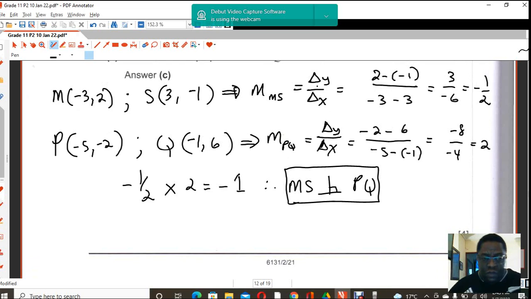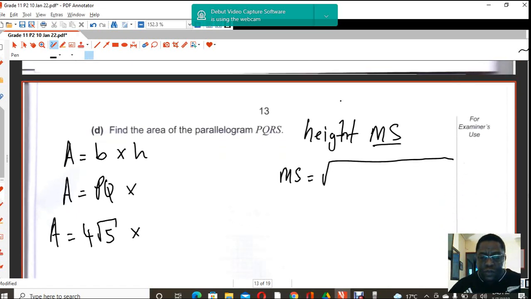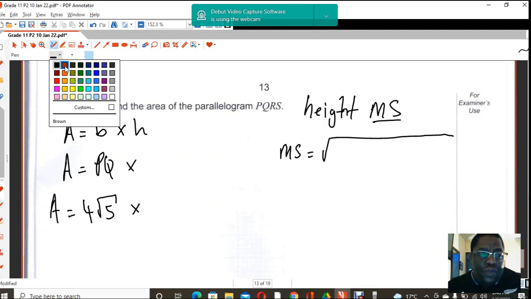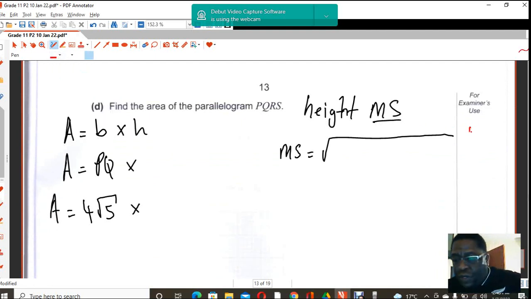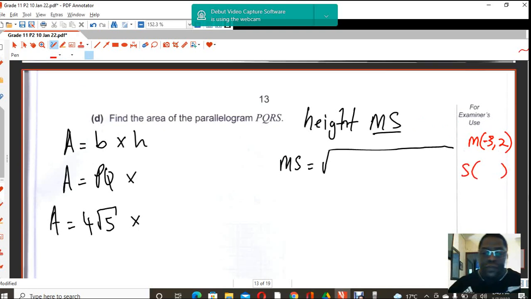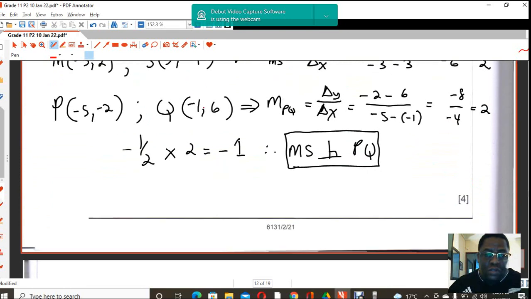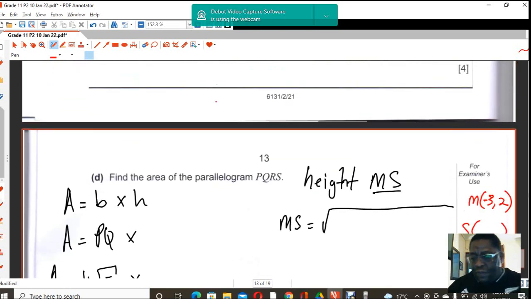M is negative 3, 2. Just want to write them in here. So I'm going to write it here. So please, you don't write it here. So M is negative 3, 2. And S, just writing the coordinates down, is 3, negative 1.